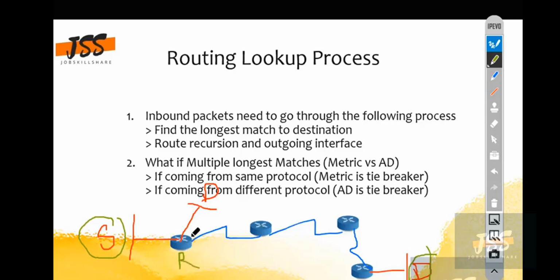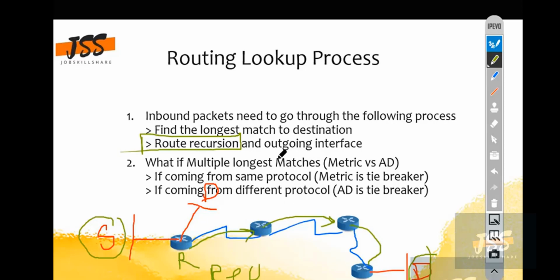Then this router will be saying that if you want to reach this destination, you need to go into this router. Then this router will be saying if you want to reach this destination, you have to go through this router, and so on until you reach this destination. This is known as the recursion process. Recursion, route recursion, when you have to go through multiple routers to reach the destination.